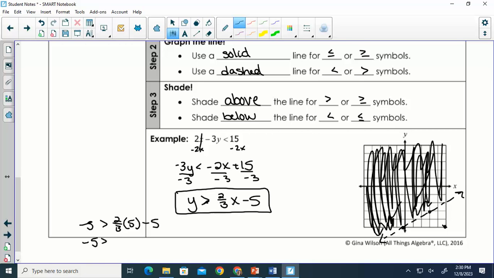Negative 5 is greater than 5/3, so 1.6 repeating. Is negative 5 bigger than that? No, it didn't work. So that's why that part isn't shaded. So any ordered pair where it is shaded works, and where it's not shaded does not. Does that make sense to everyone?